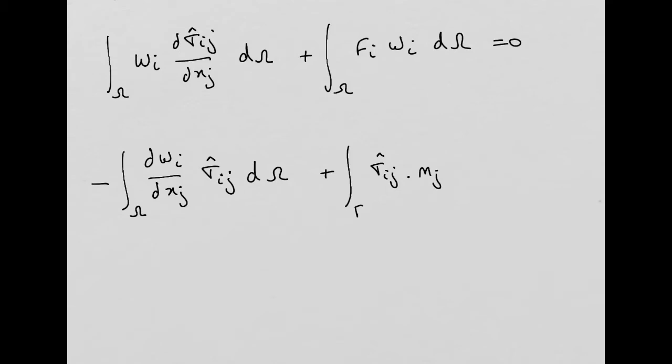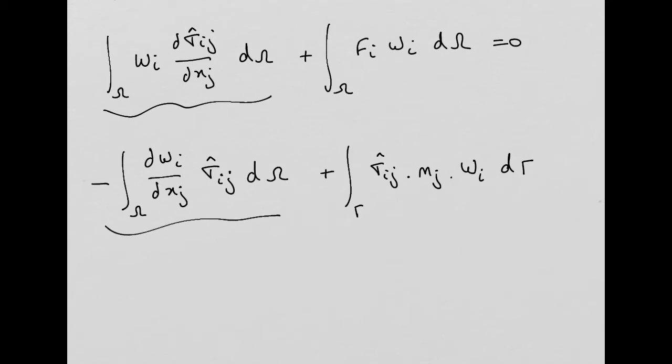So this is because of the Green theorem. And this will multiply my weighting function, and all of this integral is defined in the boundary. This is the result of integrating this integral by parts, right?